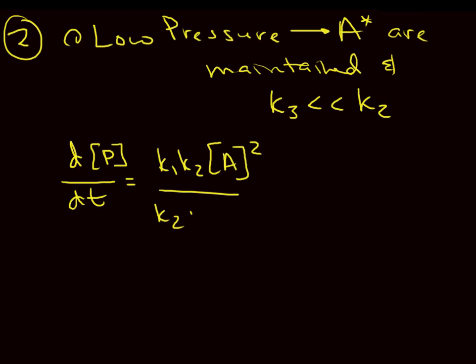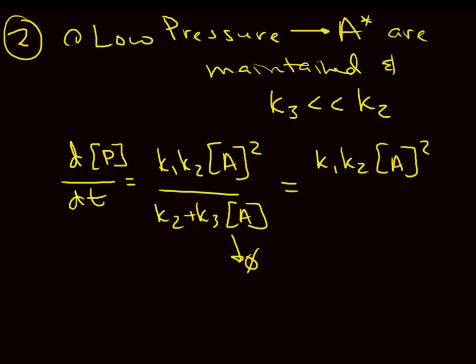And as you recall, this is our form of the equation. Now k3 being so small, that would go to 0, yielding then k1, k2 times the concentration of A squared over k2. We can then simplify, get rid of k2, to yield k sub 1 concentration of A squared.